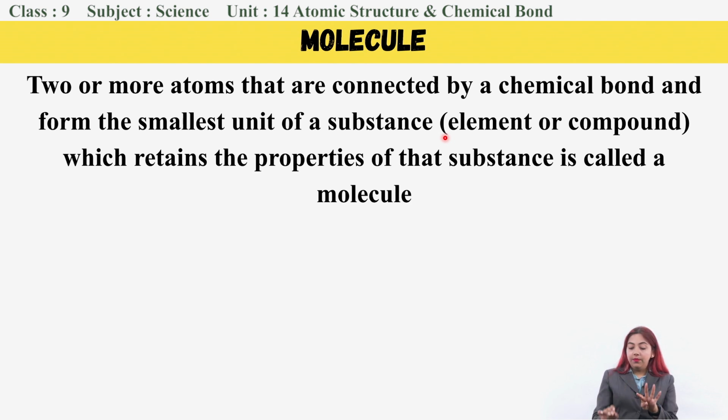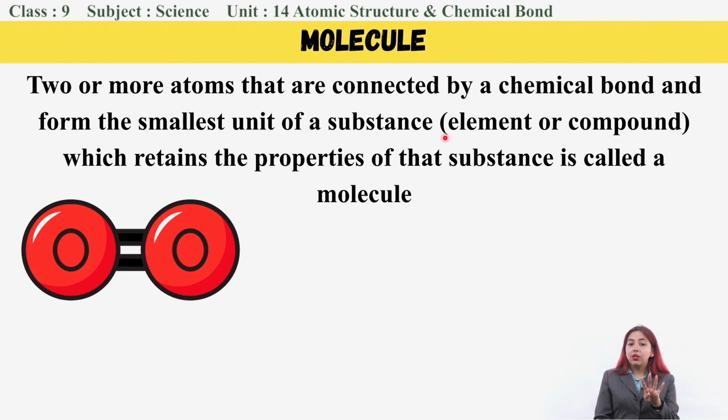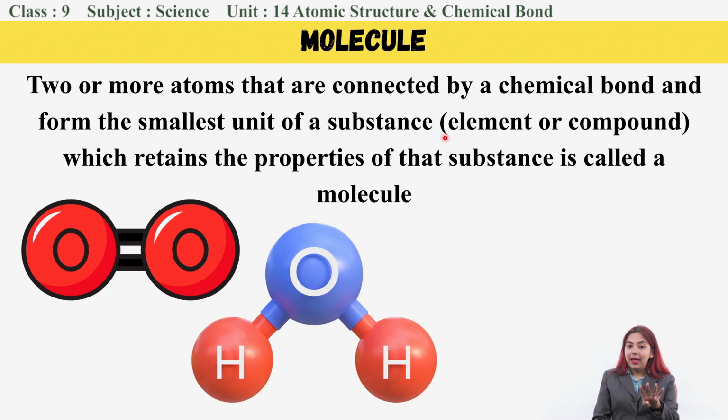So the example is, the smallest unit of the substance oxygen is the element oxygen that forms the O2 molecule, and here it is the water compound. Now the molecule forms the smallest unit of a substance. It can either be an element such as oxygen or a compound that is formed by 2 or more different elements.